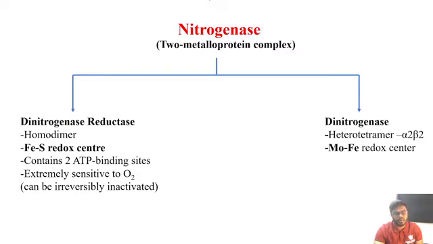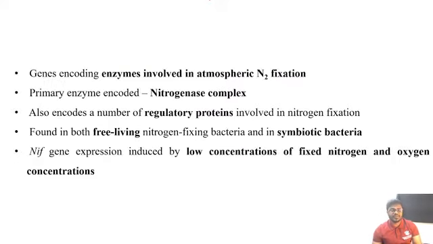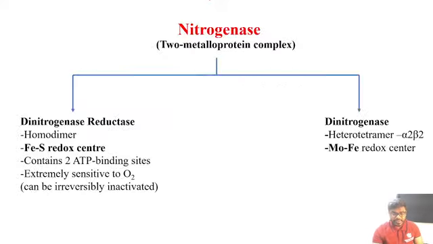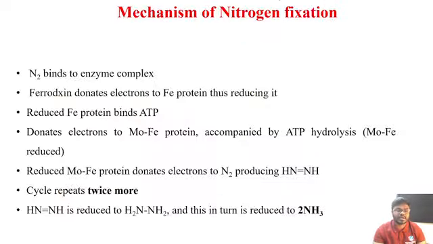Leghemoglobin. Later, we understood the real structure of the nitrogenase enzyme. Friends, please don't forget the structural properties. If you quickly recall, the nitrogenase enzyme contains two parts. One we call dinitrogenase reductase and the other dinitrogenase. Always try to remember like this: iron sulfur redox center, molybdenum iron redox center.